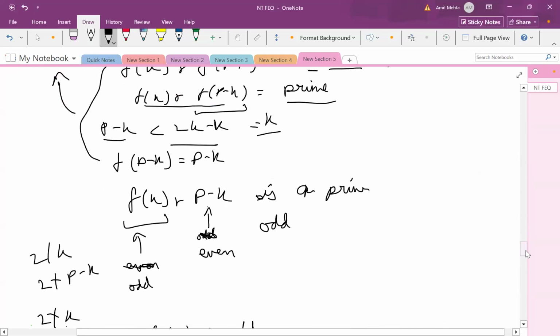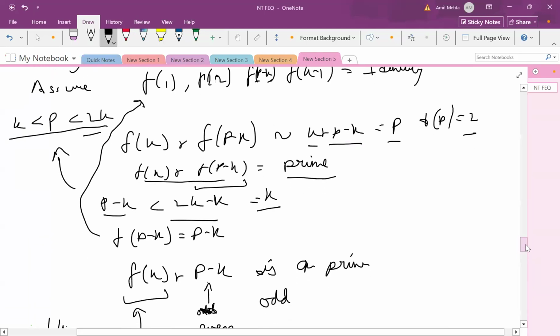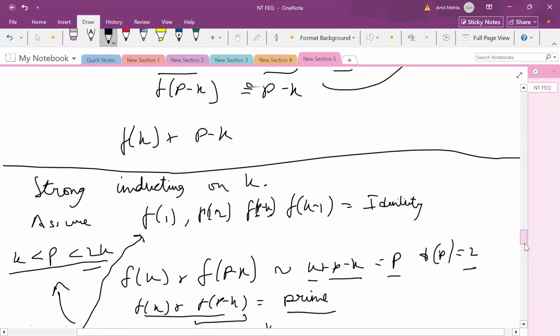Shall I go on? I have a doubt. In the strong induction part where we proved that they have the same parity, we first assumed that 1 till k minus 1 are all the identity.